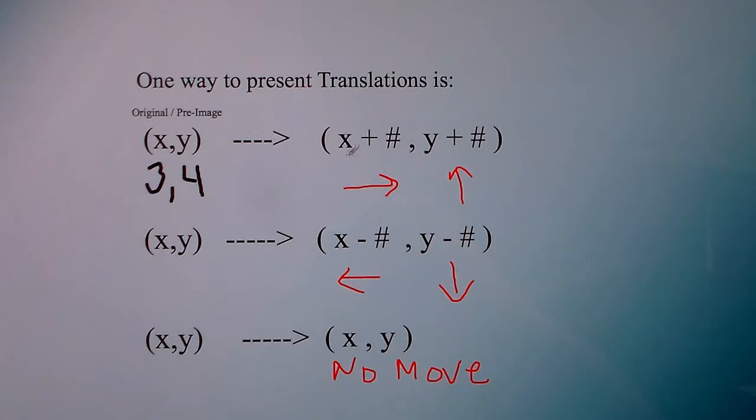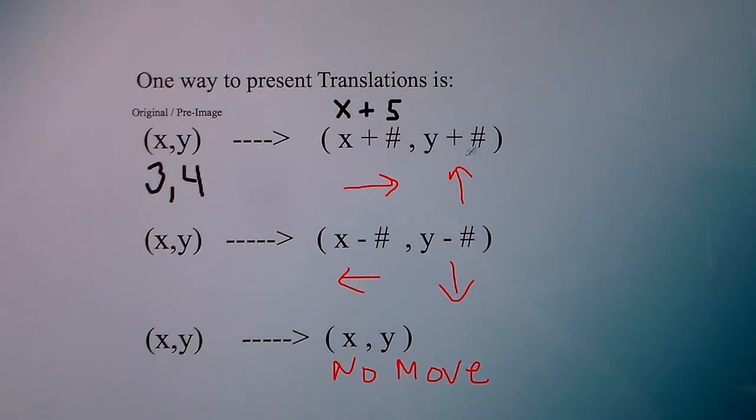So if I have x plus 5, that's saying I'm going to take this coordinate (3, 4) and move it 5 to the right. So anytime it's x plus a number, it'll be moving to the right. And how many spaces? Well, that refers to the number.